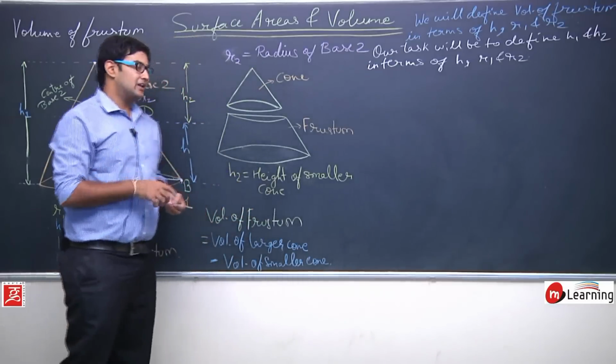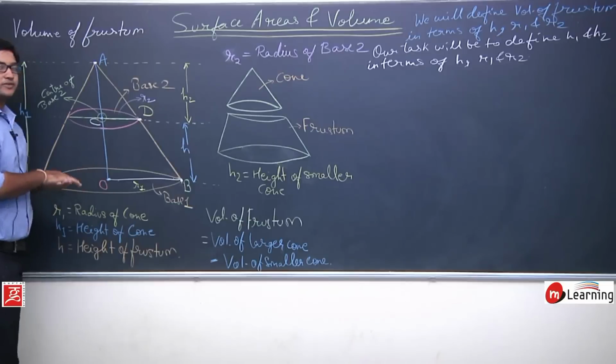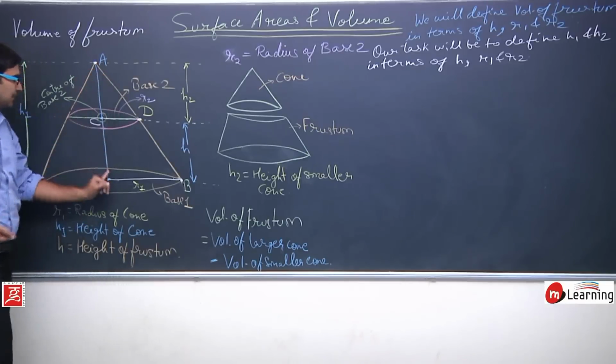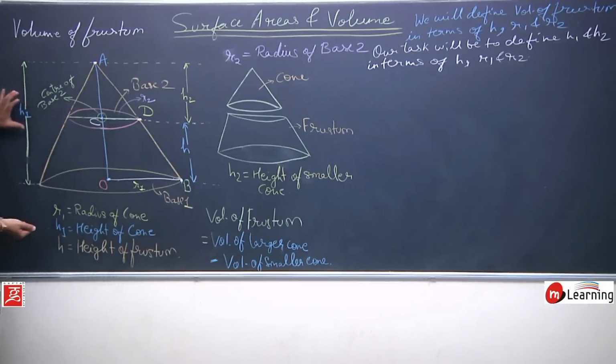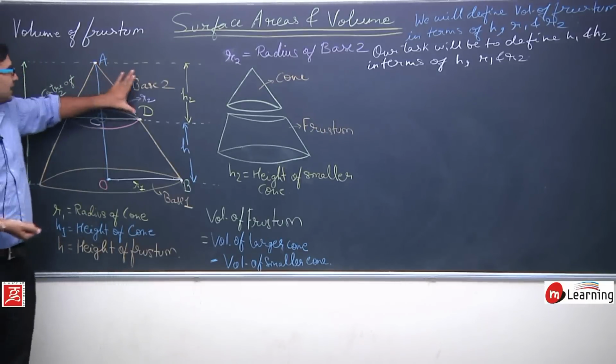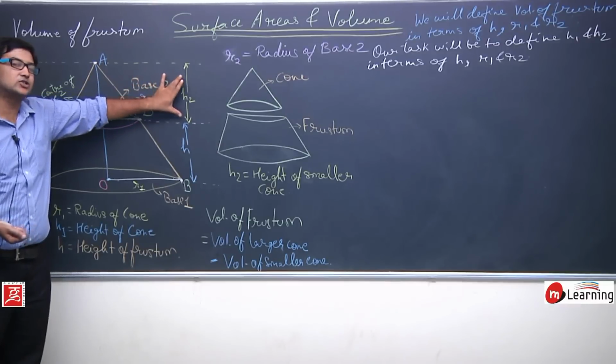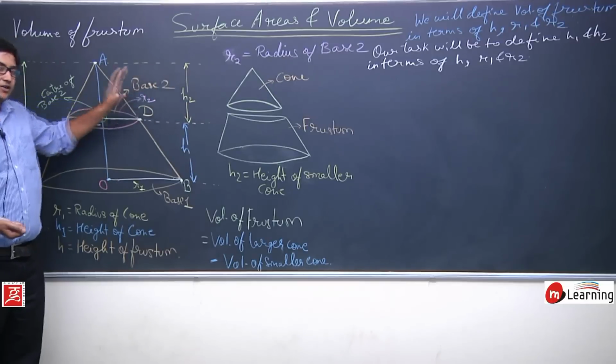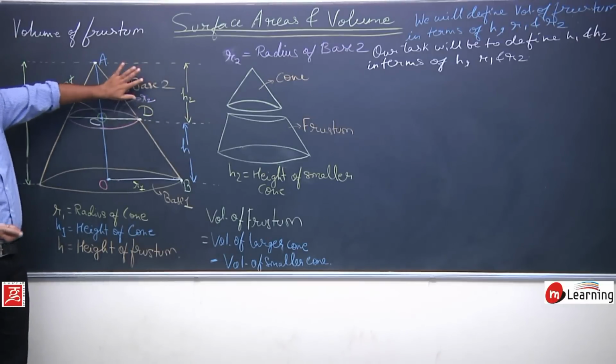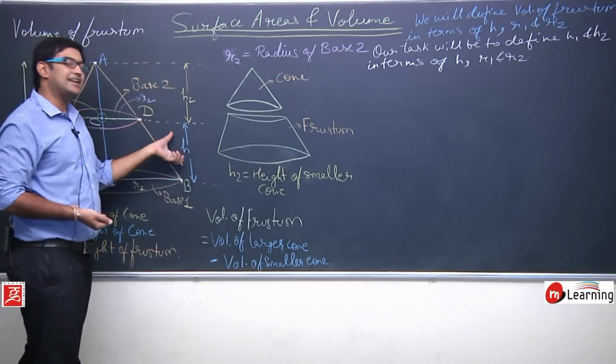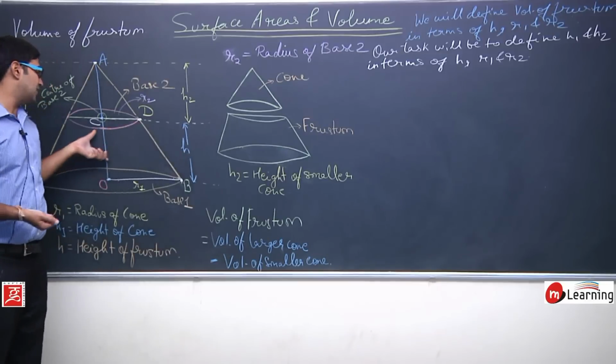So for that, let us see a very simple observation. You can see this complete height AO is H1. The height of this smaller cone is H2, and from this bigger height I removed this smaller portion H2, so the height left is H, the height of the frustum.